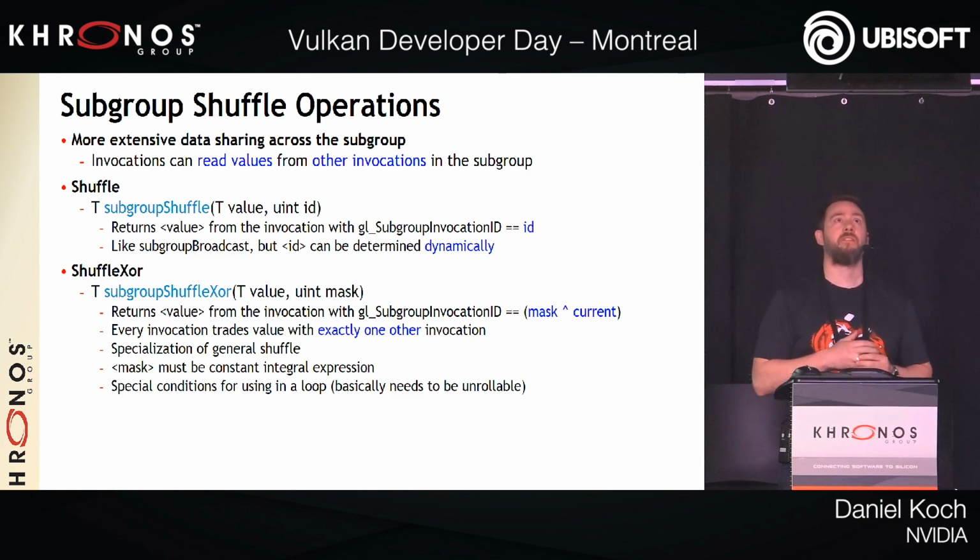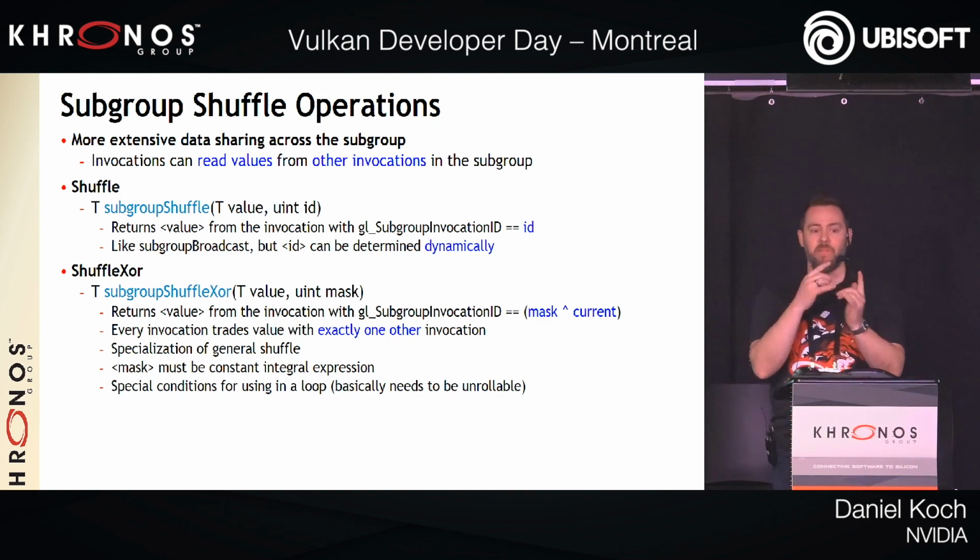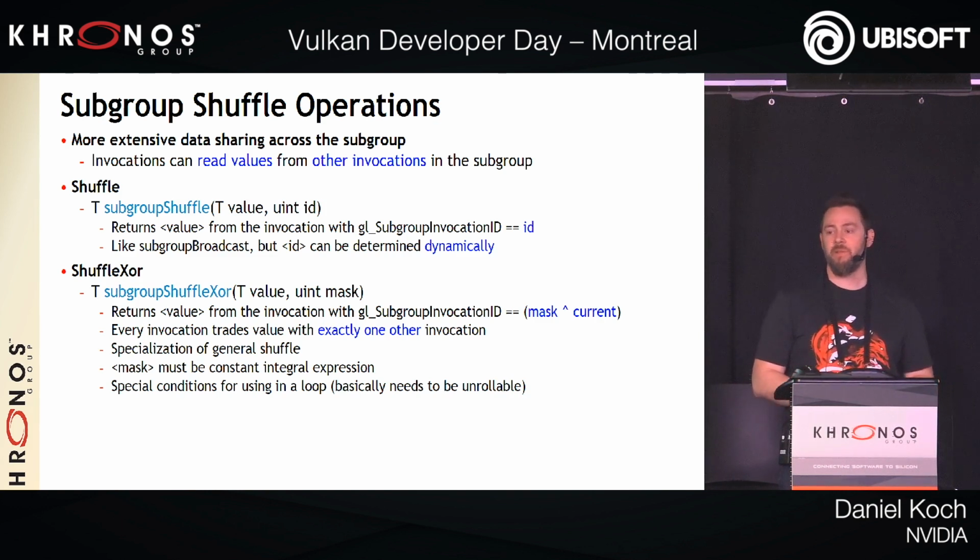This is very similar to subgroup broadcast, except that the ID can be determined dynamically, so it doesn't have to be a compile time constant. Basically, you can have any thread reading from any other thread in the subgroup based on passing in the ID, whatever the value is. So you can completely swap data around between invocations without having to go through shared memory.